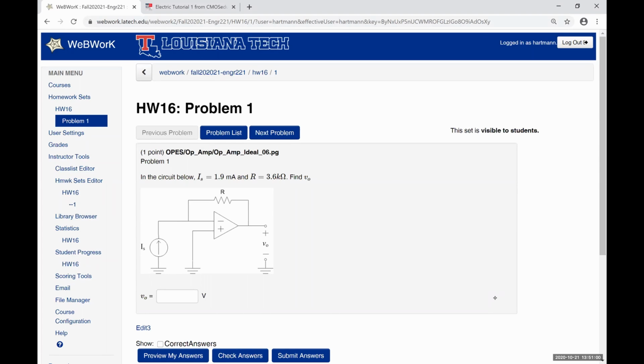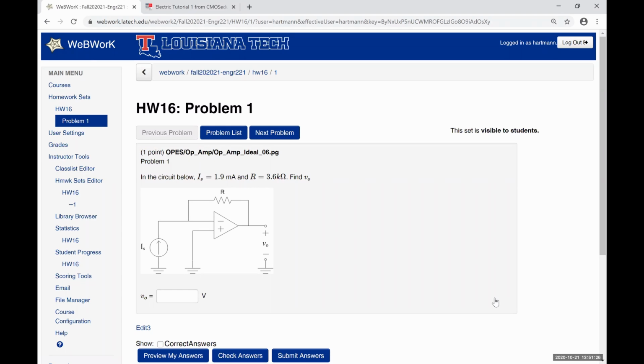So we could say that there is a voltage drop over the resistor, positive polarity on the left, negative polarity on the right, okay? If we did a Kirchhoff's voltage law equation, starting from ground here, we would have 0 volts plus 0 volts plus the voltage drop over the resistor plus the output voltage is equal to 0, which means V out is simply negative the voltage drop over the resistor.